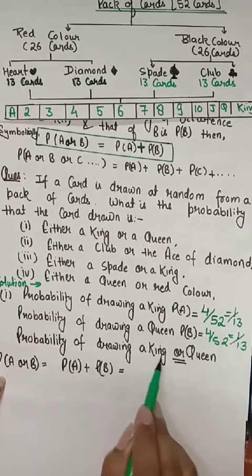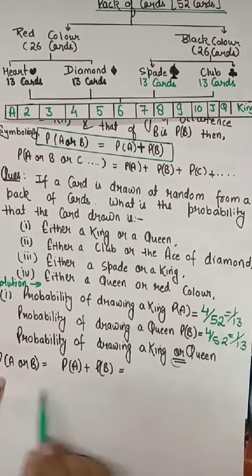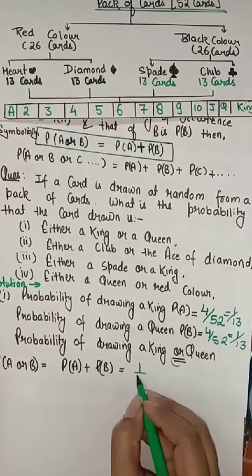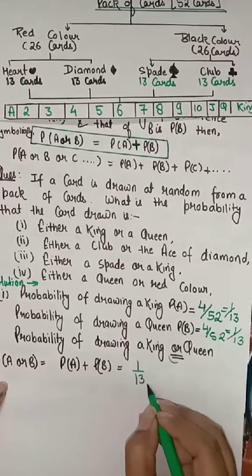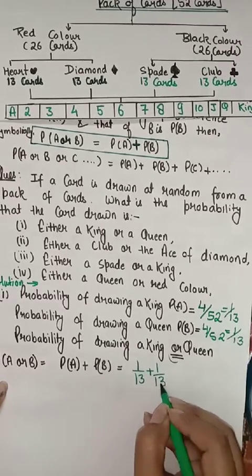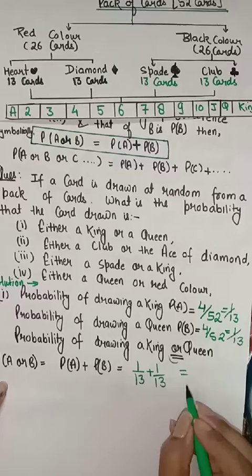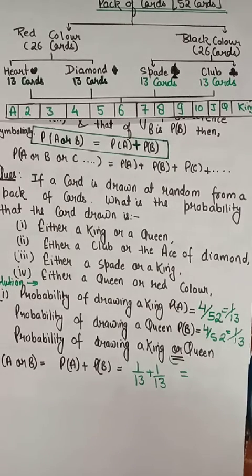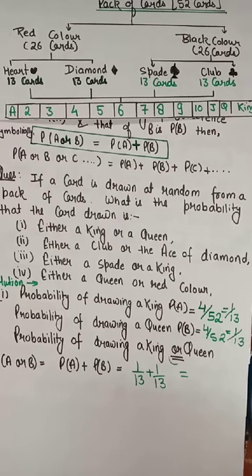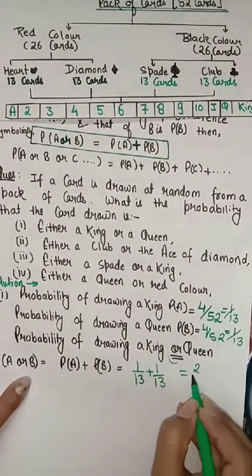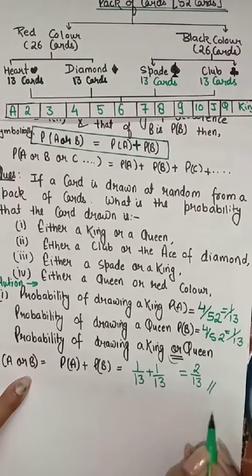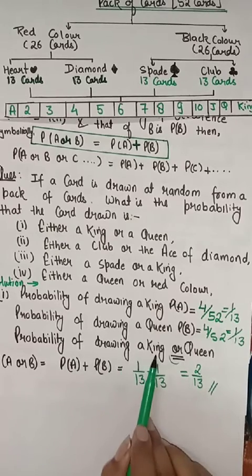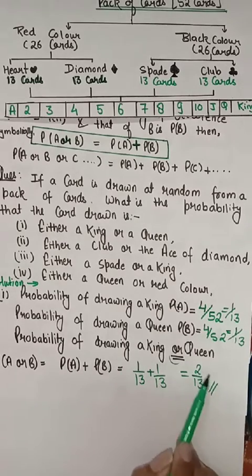So the probability of drawing a king or queen will be denoted with this addition theorem, and adding the two, the probability of getting a king or queen is 2 by 13.